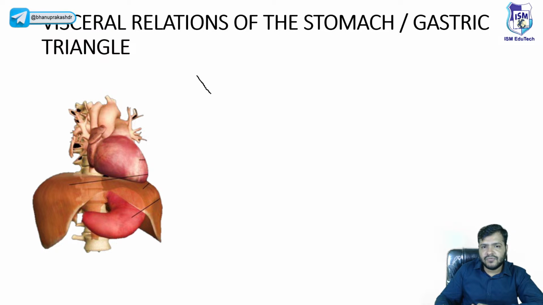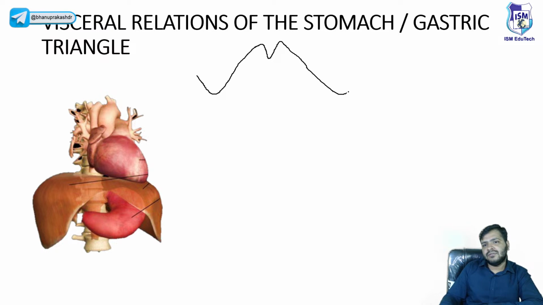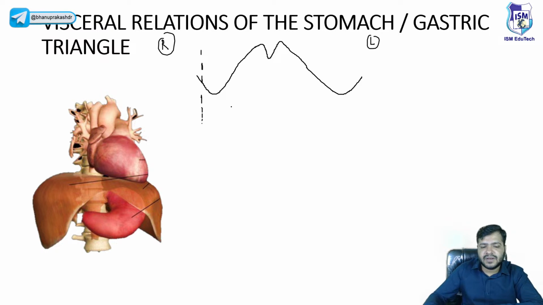You already know we have the costal margins, the xiphoid process, and the subcostal margins. This is the right side, and this is the left side. So on the right side, beta.